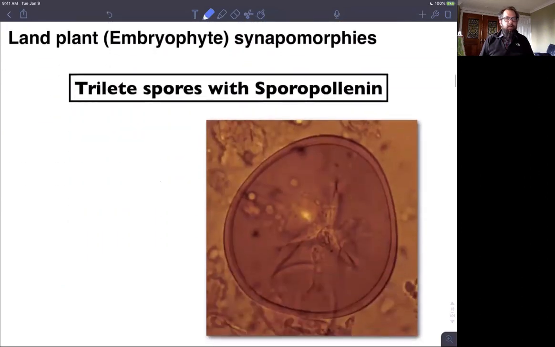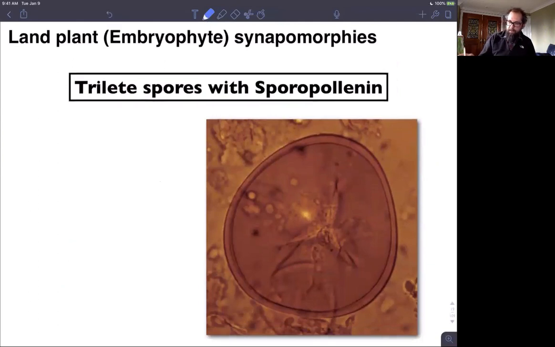Okay, so that's two of our synapomorphies. Our third synapomorphy is having trilete spores. Trilete spores refer to this scar that we see on every spore. Why is this three-sided scar seen on these spores?